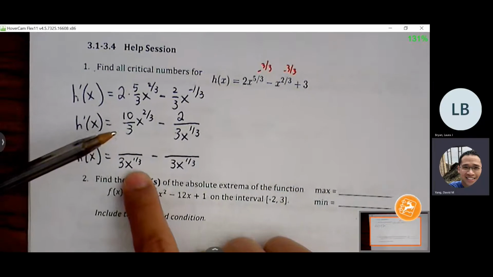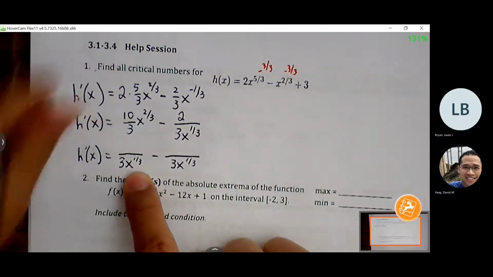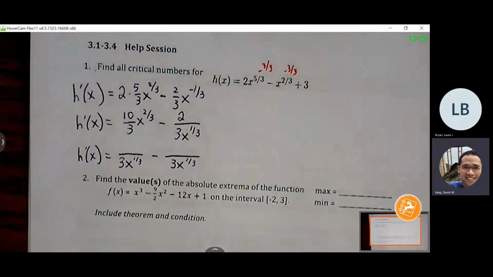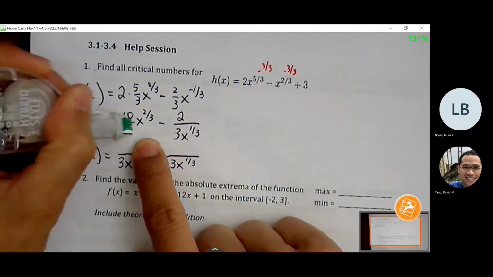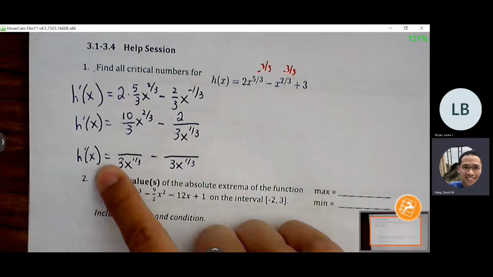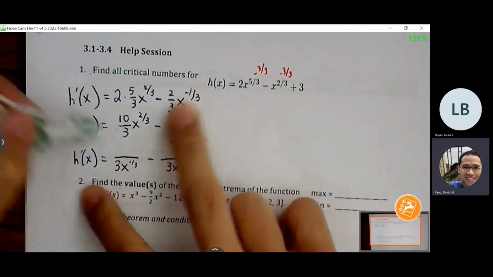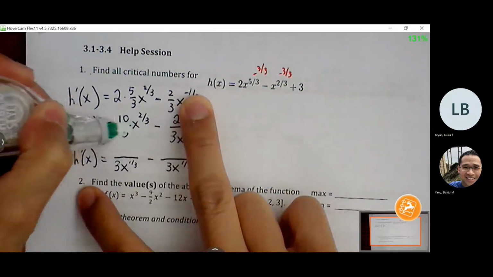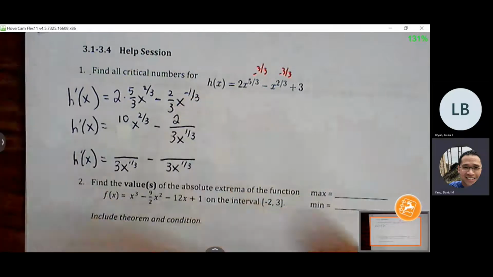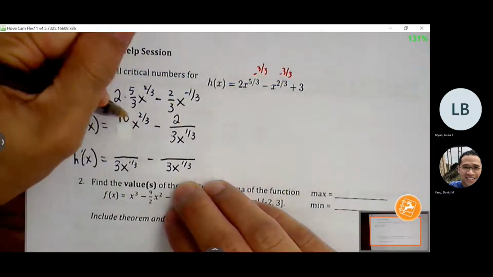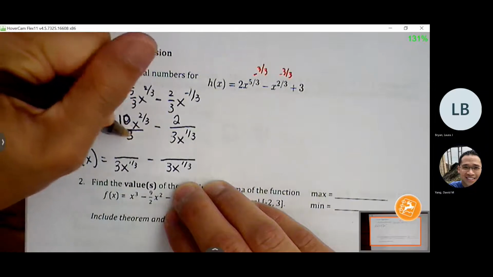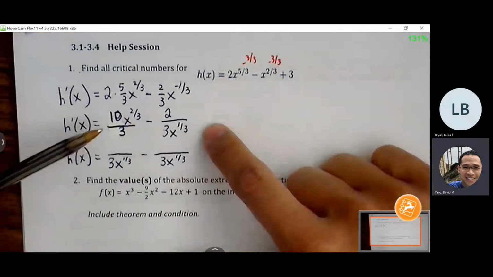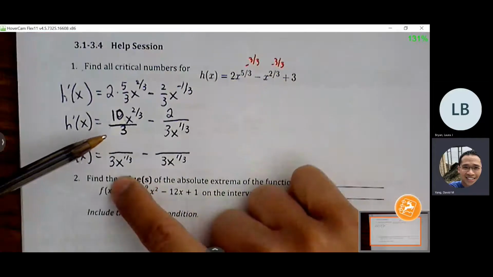Okay, so we compare. Let me rewrite this because I want you guys to see that x is with the 10. Okay, so we need to balance each of the fractions, each of the denominators.